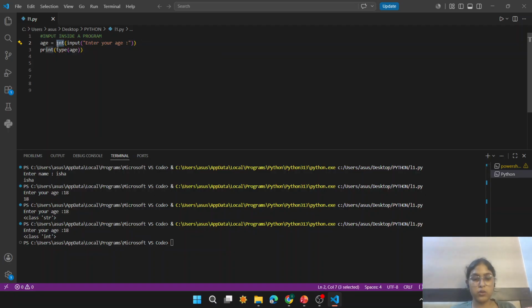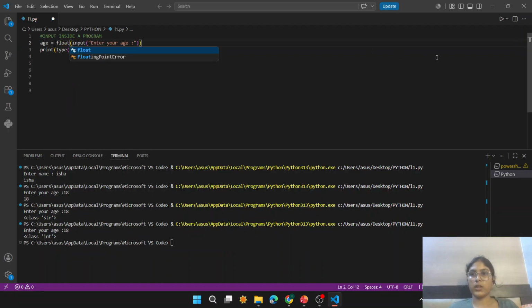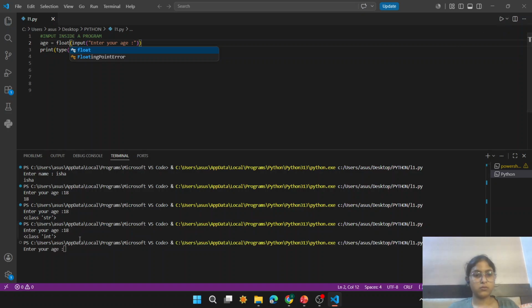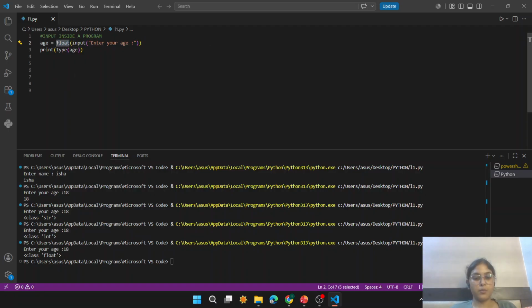You can change it into any data type. If you want a float, just type float here. Okay, it's a float. If you want bool, let's see what happens.